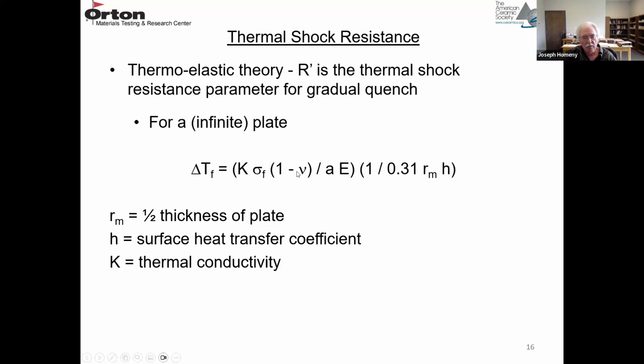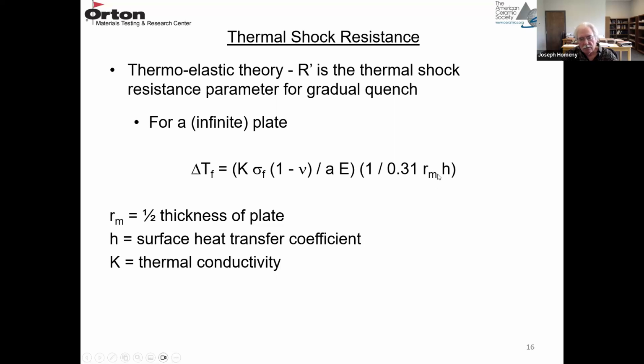Sigma F, 1 minus nu over alpha A E. We have a term here, K, the thermal conductivity. And then we have something related to the sample size. So 1 over 0.31 RM. RM is related to the sample size, half the thickness of this particular plate. And H is the surface heat transfer coefficient.